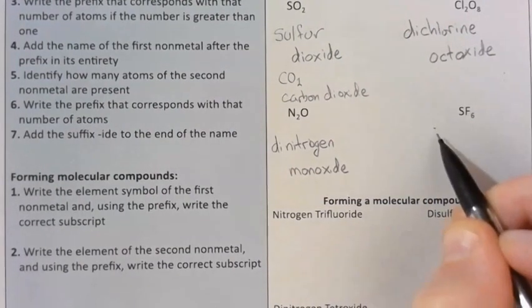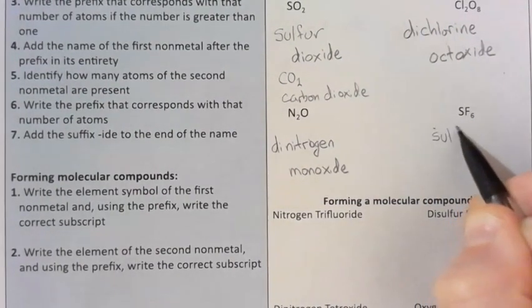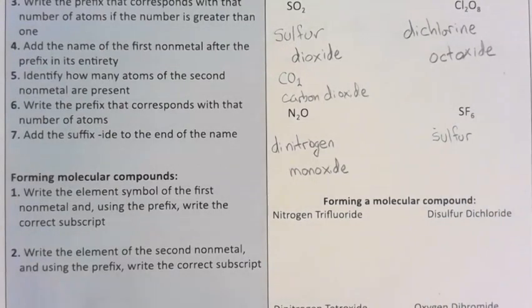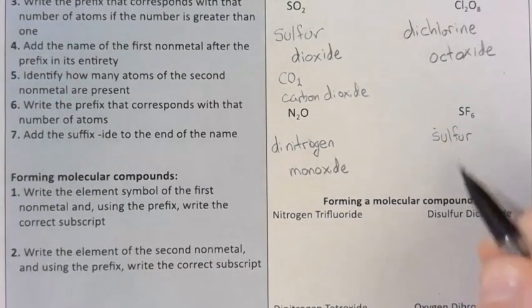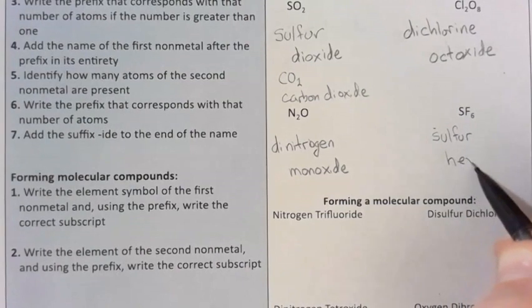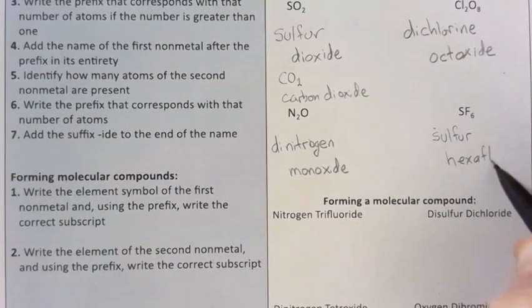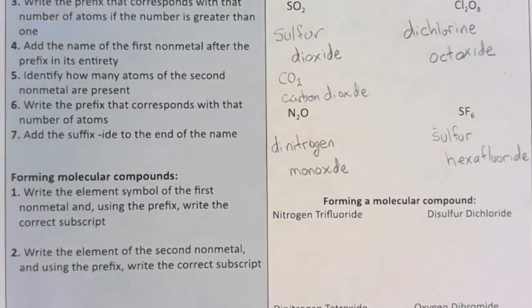So just writing the name sulfur is enough to tell us that there's one sulfur atom in that compound. And then we've got 6 fluorines, so we use the prefix hexa, and then the root fluor ending with IDE, so sulfur hexafluoride.